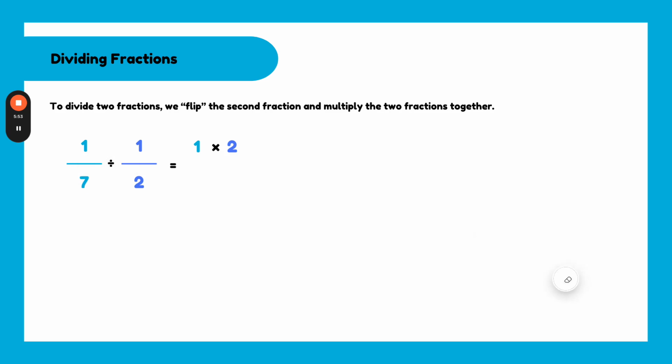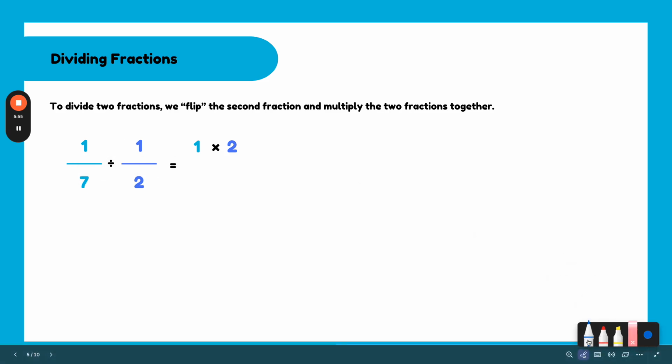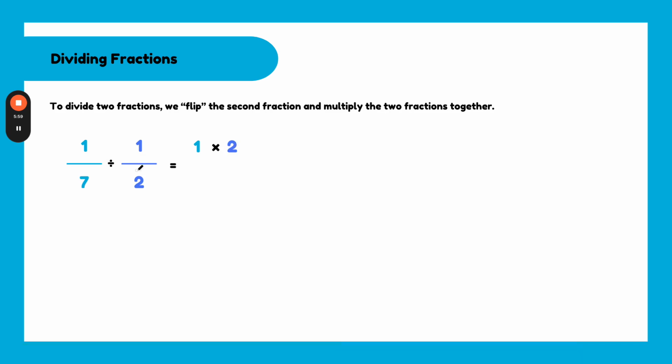Our sum becomes 1 times 2 over 7 times 1. So if we were to rewrite the division problem, we flip the second fraction and multiply the two fractions together.